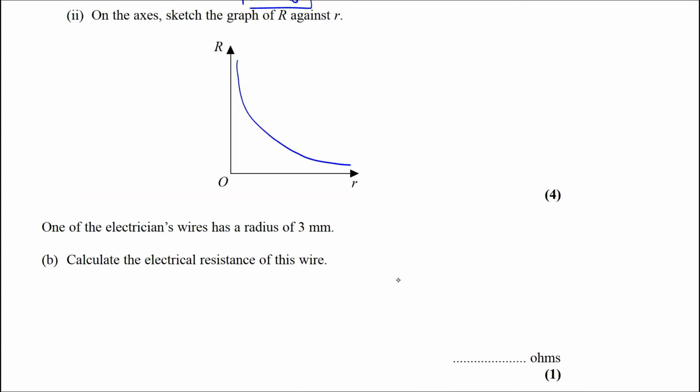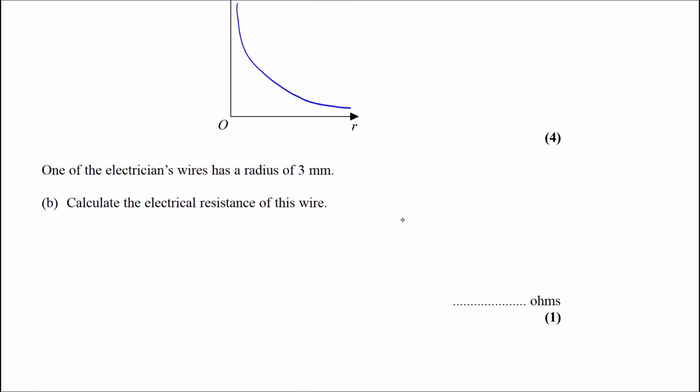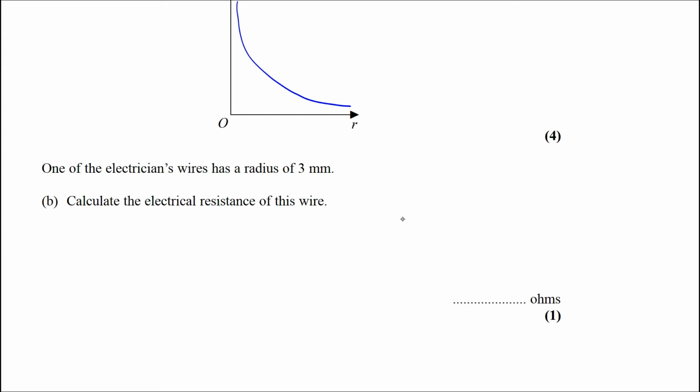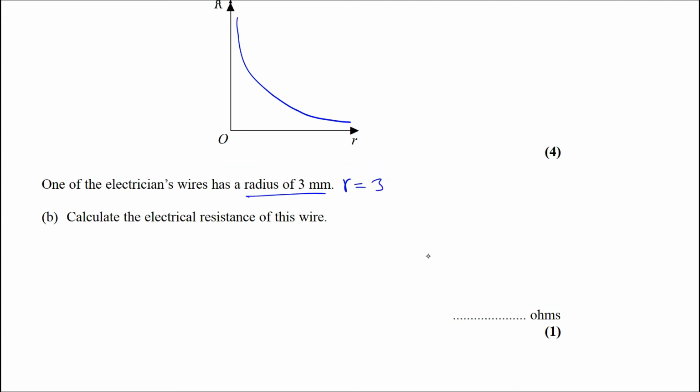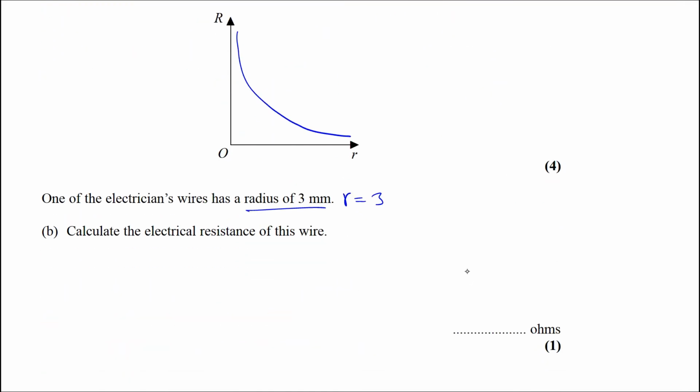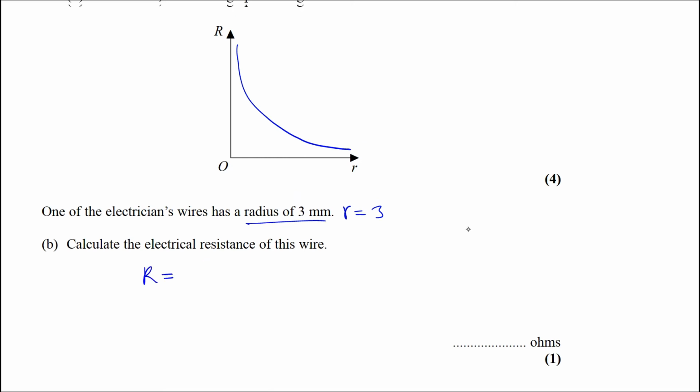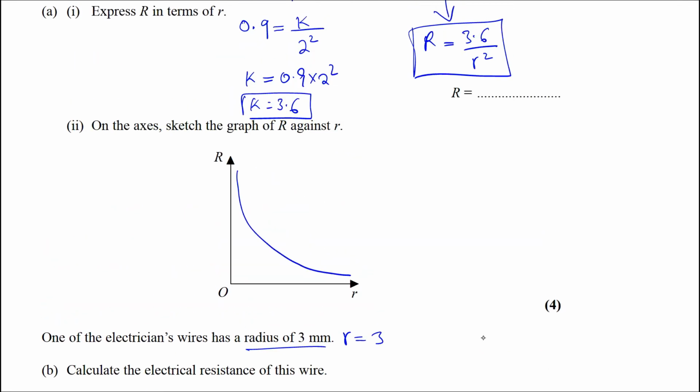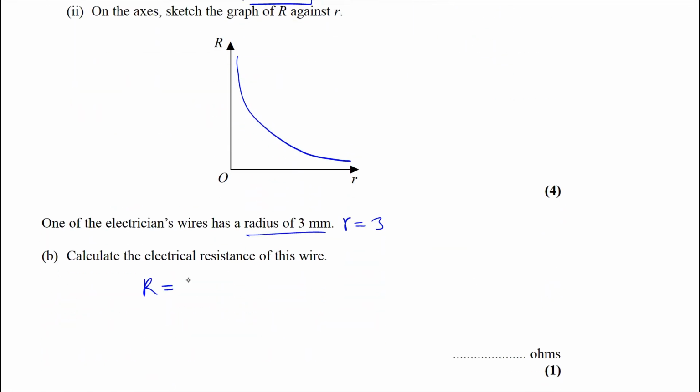Then part B. One of the electrician's wires has a radius of 3, so r is equal to 3. Now you have to check that we have the same units. Yes. So calculate the electrical resistance of this wire. The resistance is given by 3.6 over radius squared.